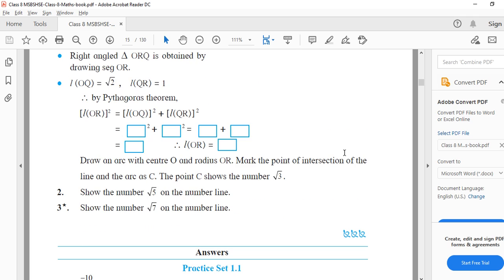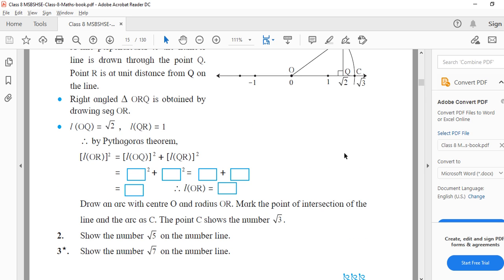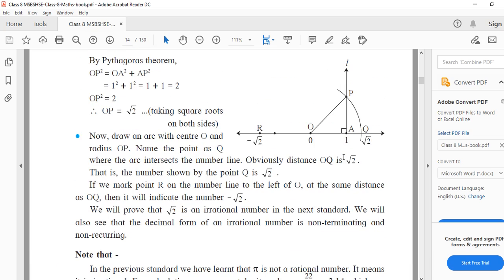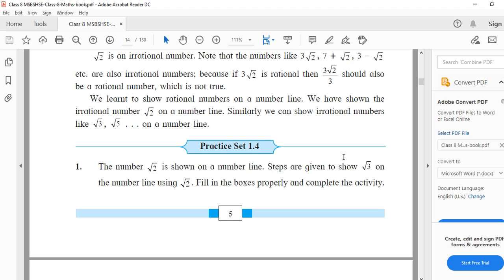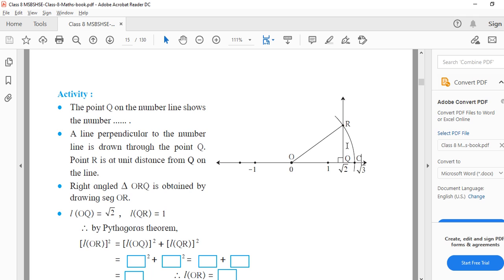Now what is asked in the next two sums is to show the number root 5 and root 7 on the number line. Continuing this line, let's start from the beginning.